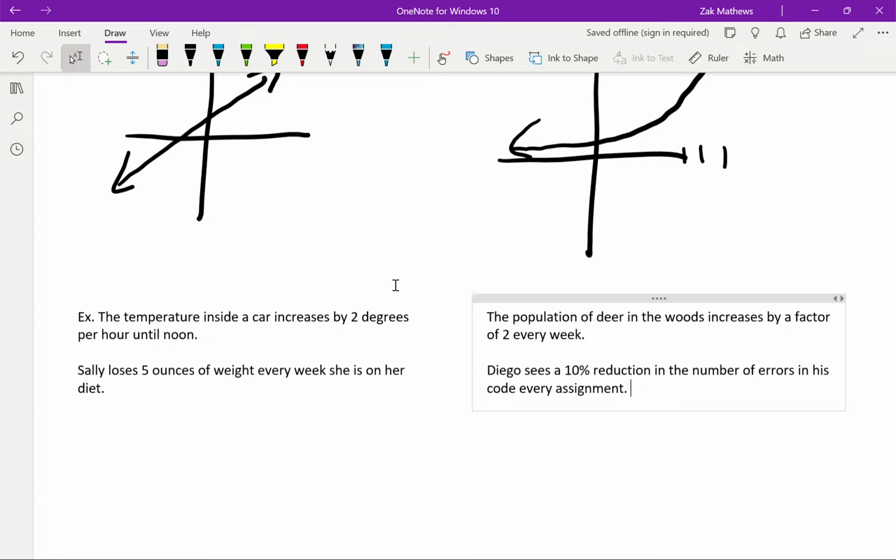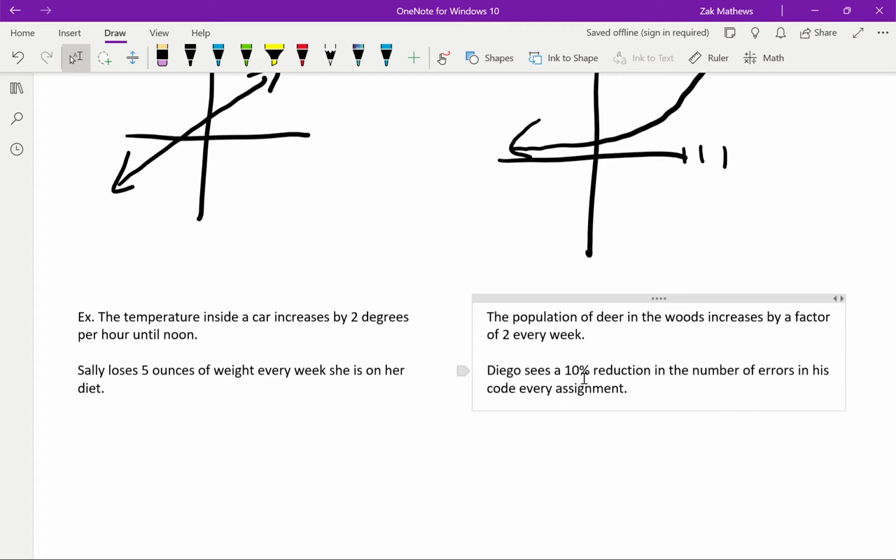That 10% is not a set number. So for instance, if Diego started maybe with 20 programming errors, the 10% of 20 would be 2. The first week he sees a 2 error reduction, and then we take 10% of that new number, 18, it'd be 1.8. So anytime we see these percentages, they always indicate a growth or a decay that is exponential in nature.